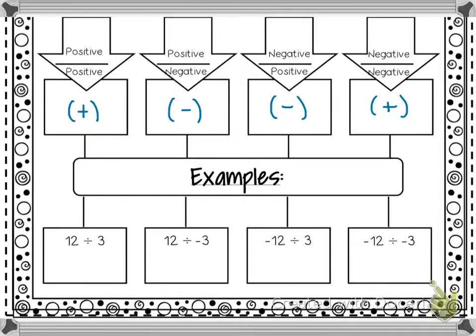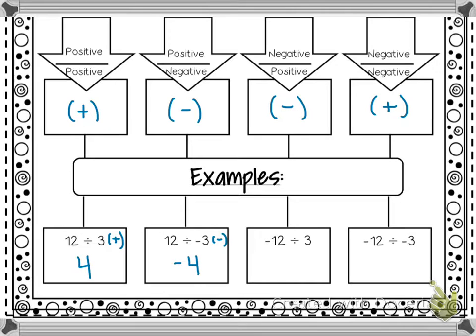So I will get us started with the first of our example problems. 12 divided by 3, 2 positive numbers, is going to be positive. It's going to be a positive 4. Now I have 1 negative, so my outcome is going to be negative. 12 divided by negative 3 is negative 4. I have 1 negative again.